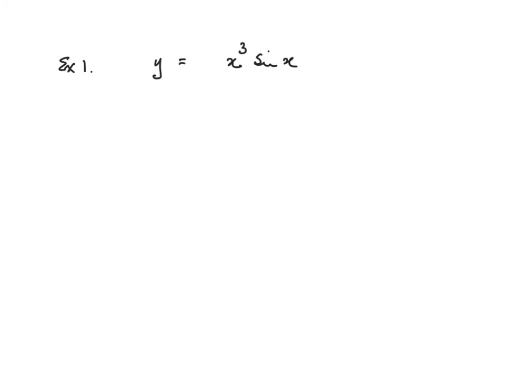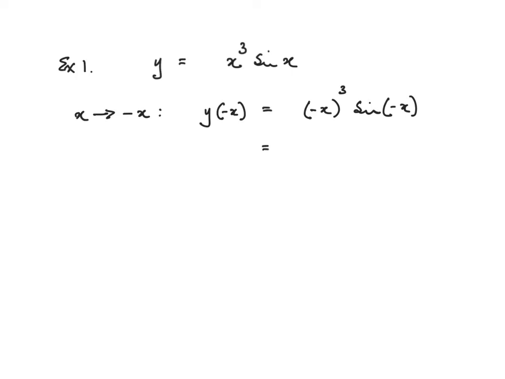Here's an example. y equals x cubed sine of x. We want to try and figure out whether this is an odd function or an even function. So what we do is we replace x with minus x. So y of minus x equals minus x cubed times sine of minus x.